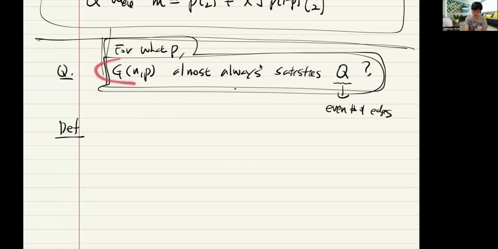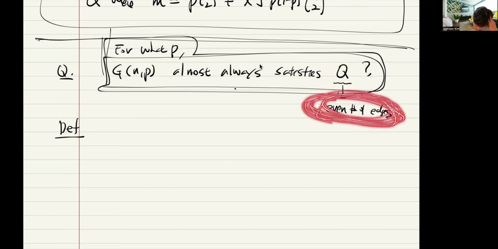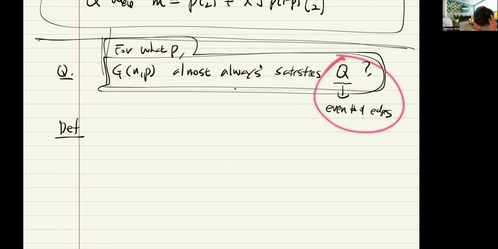But otherwise, if it is not a trivial distribution, then no matter what P is, it's almost always the case that this is not true. So this property is too sensitive, so in this binomial random graph model, this is not really meaningful.